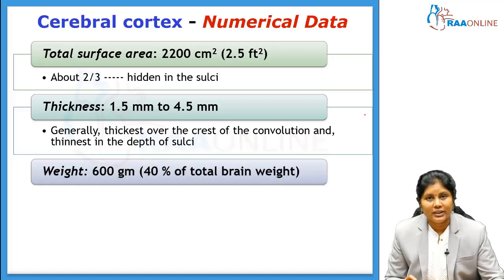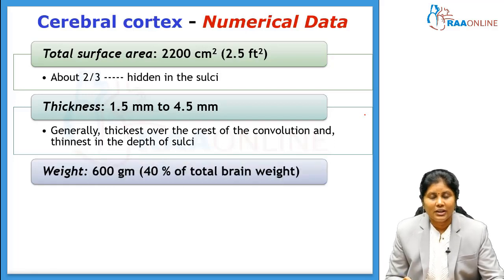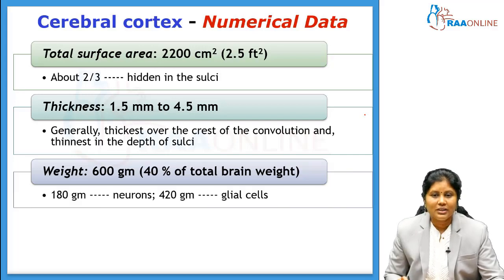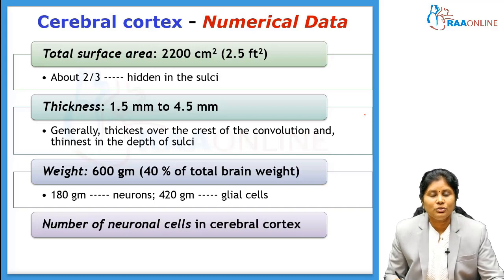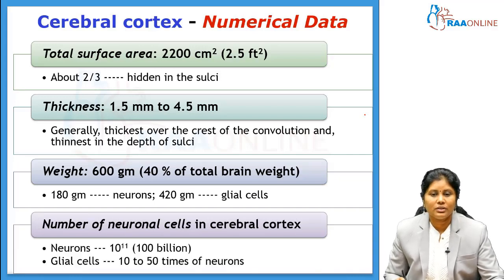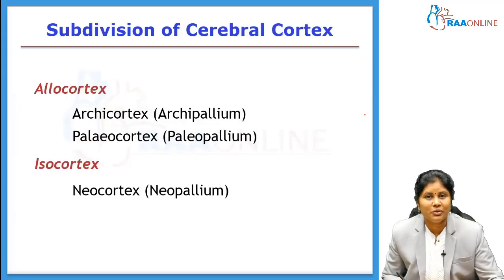The weight of the cerebral cortex alone is around 600 grams, about 40% of the total brain weight. Of the 600 grams, 180 grams is due to neurons and 420 grams is due to the other cells, the neuroglial cells. The cerebral cortex has 10 power 11, or 100 billion, neurons, and almost 10 to 50 times that number of neuroglial cells. These are numerical data that we may require for an MCQ point of view.